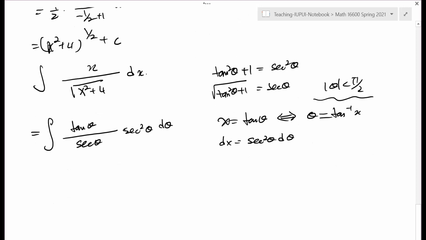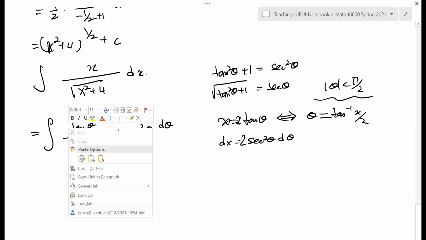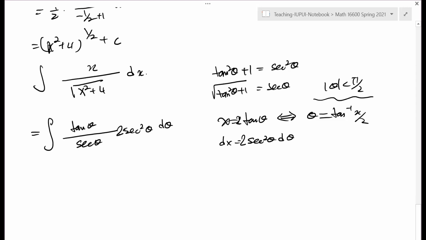So what we should do is put a 2 here, and then theta will be arctangent of half of x. So dx is twice secant squared theta d theta. And this is 2 tangent theta.